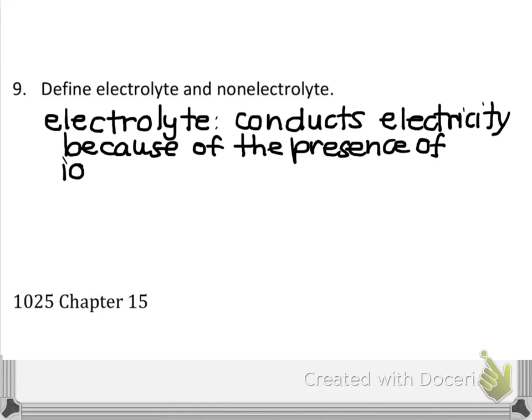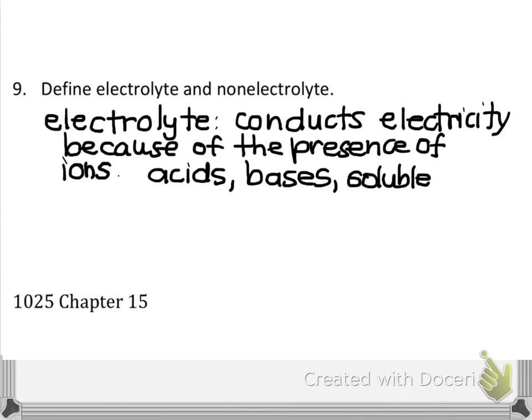There are 3 types of substances that are electrolytes: acids, bases, and soluble, which means they dissolve, salts, which a salt, remember, is the generic word for an ionic compound.